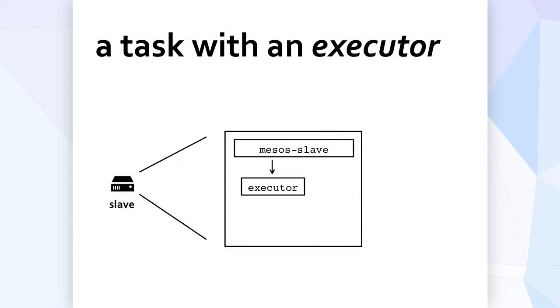This level of indirection is launched instead, and the task is actually handed to the executor, and the executor decides how it wants to run the task. In this case, the executor can say, okay, I'm going to fork exec the task. The nice thing here is you can give multiple tasks to the same executor. You can imagine, depending on the type of distributed system, that could be advantageous.